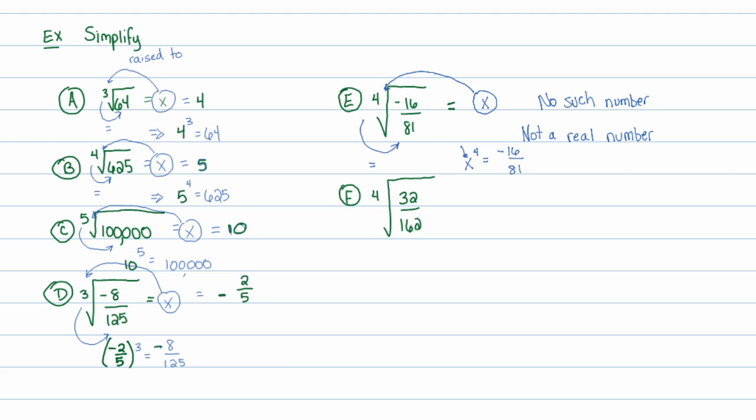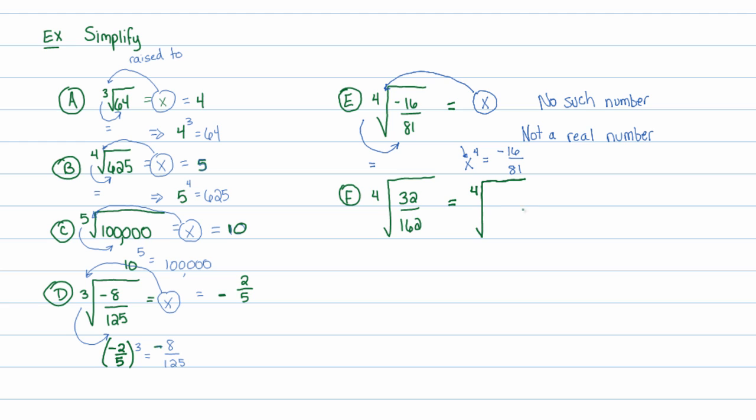Something I didn't say in that last example, but I will say it now in this example F, this final example here, is that when I have a function and the inside of the function has a little math going on, I'll likely want to simplify it if I can. It might make my life a little bit easier. So in this case, I see that I have a fraction that will simplify because both numerator and denominator are divisible by 2.